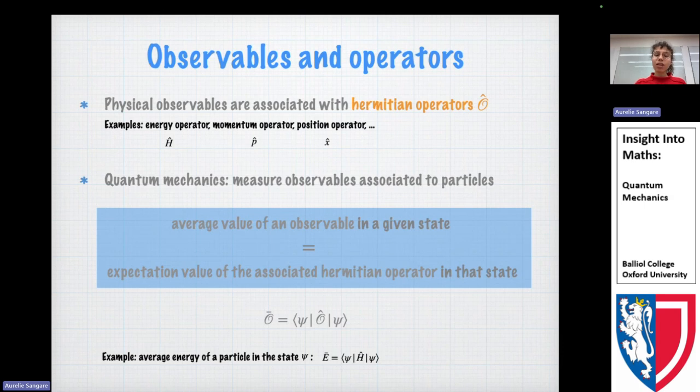So when you're computing the expectation value, what you're doing essentially is multiplying your bra psi, which is a line vector, by the matrix corresponding to O hat, and this you multiply by the column vector ket psi. And just to give you an example, if you wanted to compute the average energy of a particle in the state psi, then you have E bar, so the average of E in the state psi is the expectation value of the Hamiltonian operator in the state psi.